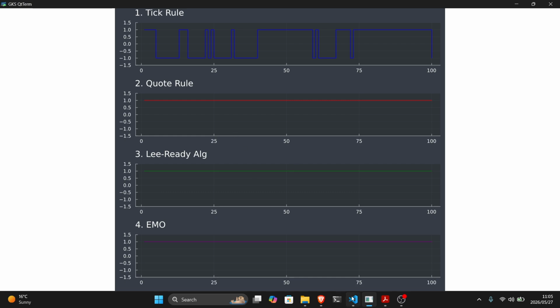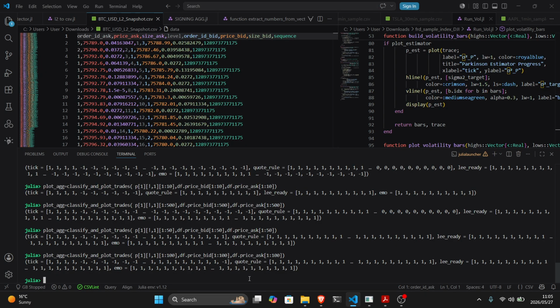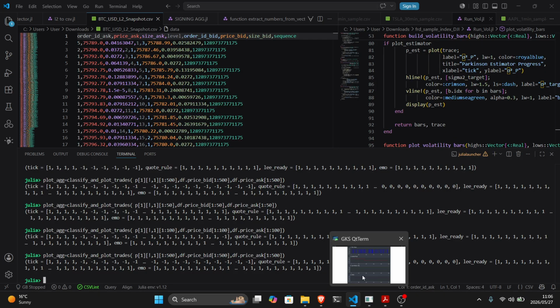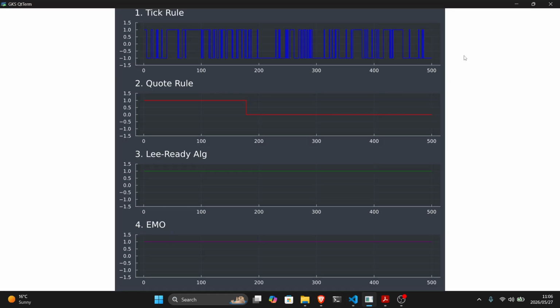Now, I'm going to push this to 500. As you can see, the dynamics of the tick rule are much richer, right? You look at the quote rule.